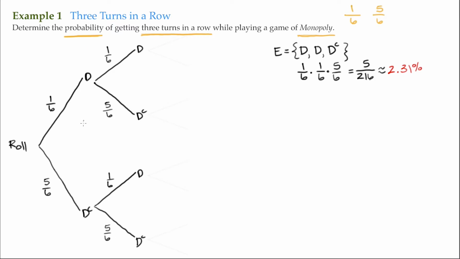So here are the outcomes for my first roll. Here are the outcomes for my second roll, given the outcomes of my first one. And then the pattern continues. Here's my third roll. Doubles, 1 out of 6. Not rolling doubles, 5 out of 6.